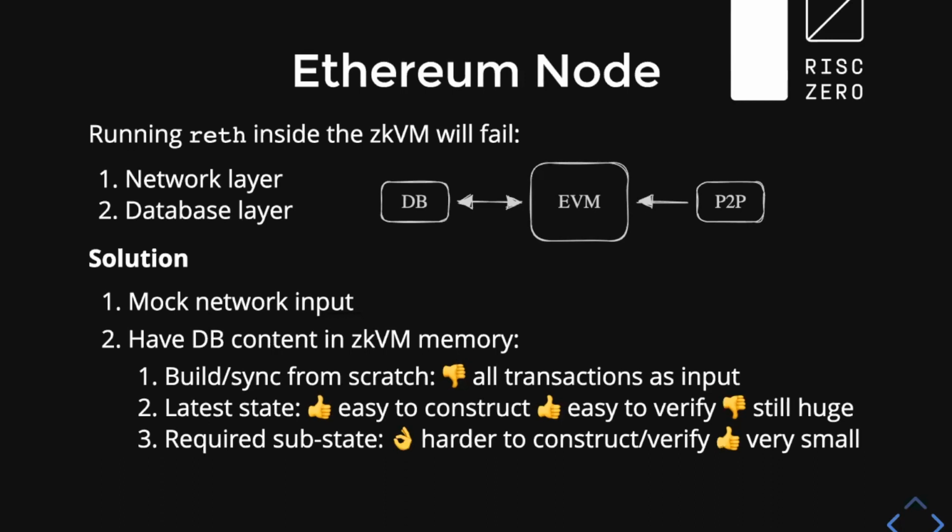So the second, smarter option is, okay, we don't care about the history. We just care about the state right before the block is applied. So we copy this over from a node that is synced and has the full state. That is easy to do. It needs to be verified because this is untrusted, but that is also easy because, as I mentioned earlier, every block has a commitment to the state.